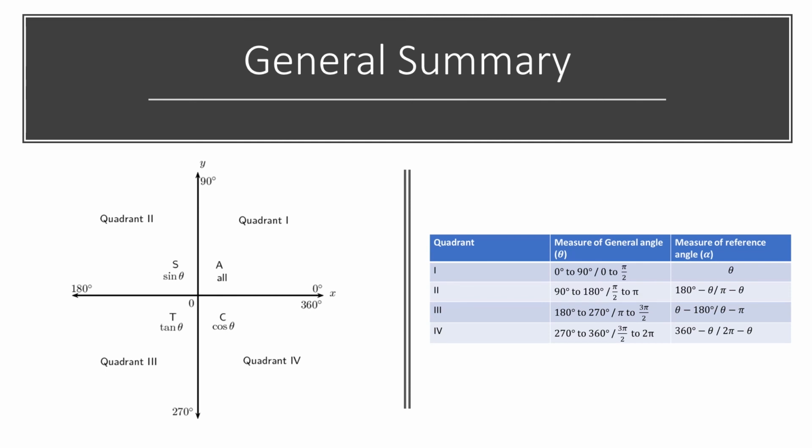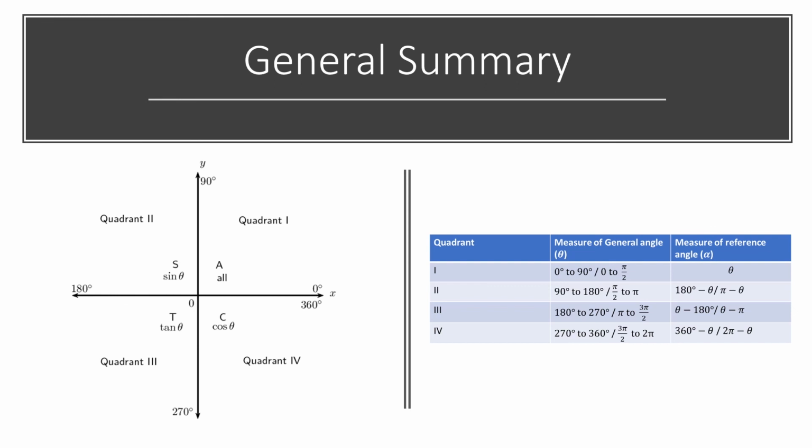So here we're seeing a general summary of everything we've learned so far. First of all, we've learned how the quadrants come to be. We have 4 quadrants in one full rotation, starting from the x-axis, going right back to the x-axis. First quadrant, all trig ratios are positive.